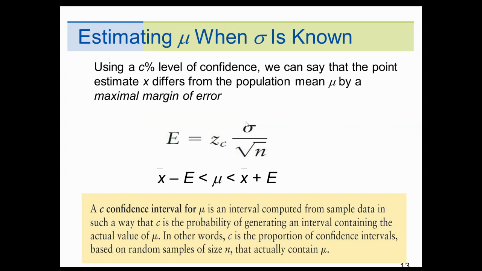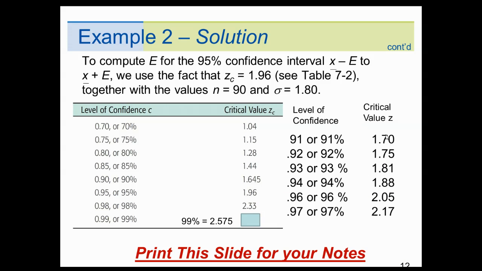All right. So we talked about error. And we've seen this portion here, the sigma divided by the square root of n. We saw this back in section 6.5 when you're working with multiple people. This is how you calculate the standard deviation. This z sub c is the critical value. That's these numbers here, 1.75, 1.81, all these values here.